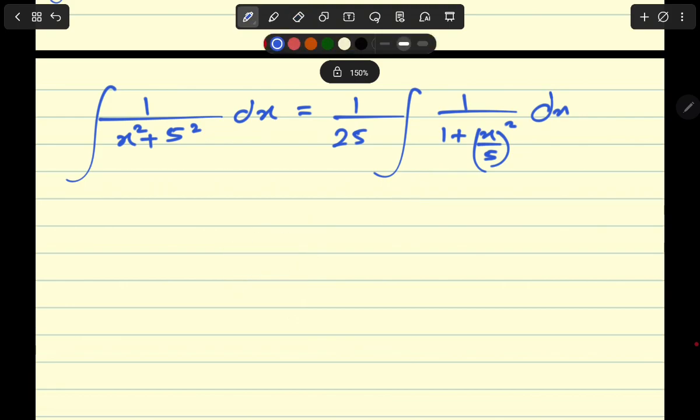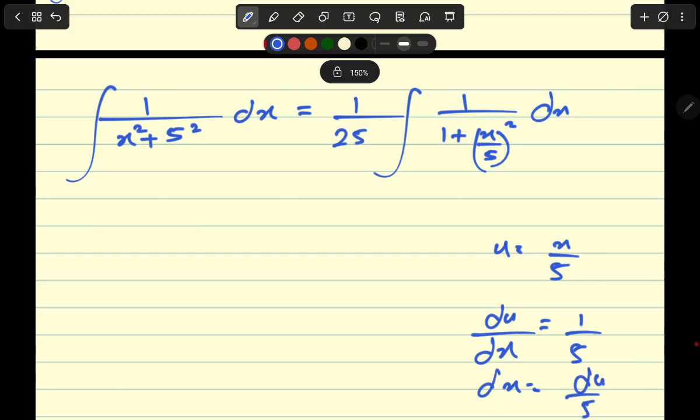Now let us first make a substitution here. Okay, so we can say that u is equal to x upon 5. So du by dx is going to be equal to 1 upon 5, or dx is going to be equal to du upon 5, right? Oh, sorry, dx is equal to 5 times du, my bad, 5 times du.